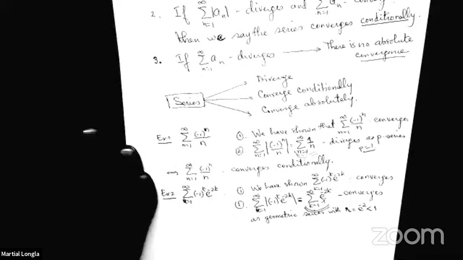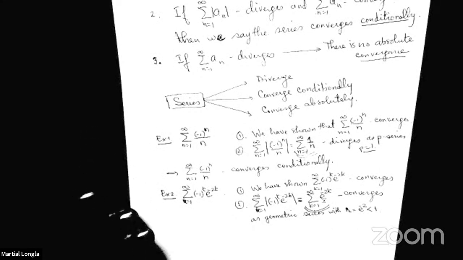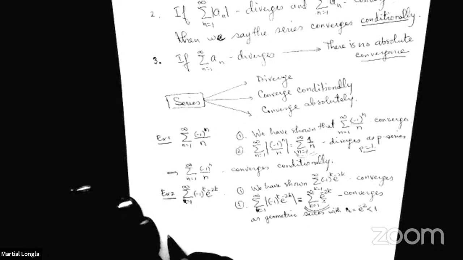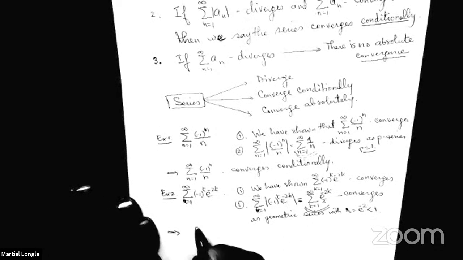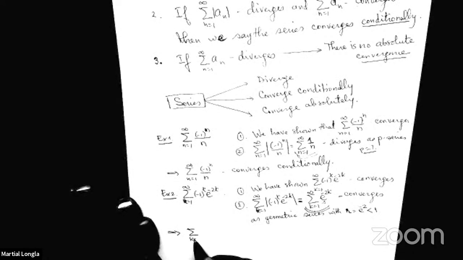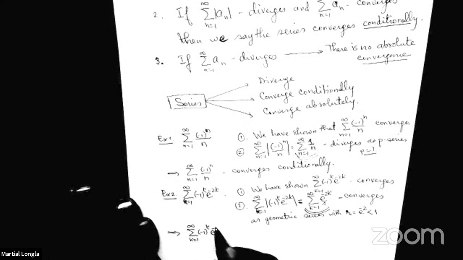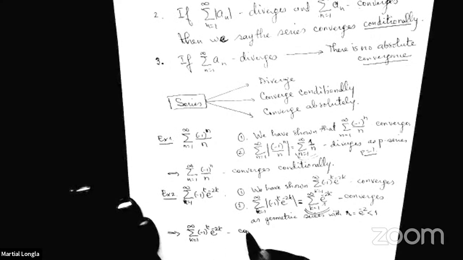Less than 1. And so in this example, we can see that the sum converges absolutely. So we would say that the series sum k from 1 to infinity, -1 to the k, e to -2k converges absolutely.